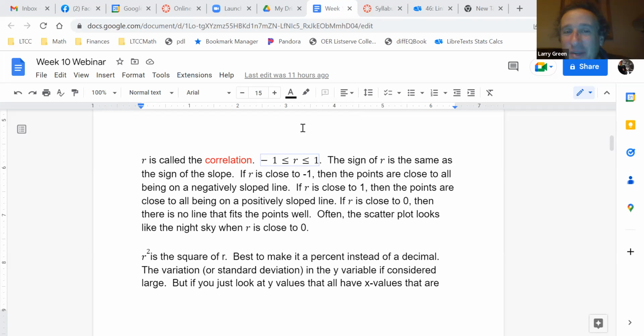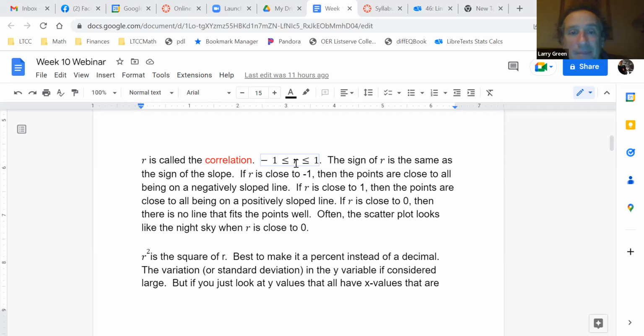In that case, you would guess that R might be 0 or close to 0, because knowing the temperature in Tahoe, do you think that's going to help you at all in guessing how many points are scored in a soccer game in Australia? No, right? They have nothing to do with each other. Do you see that? So then you would probably have an R really close to 0.